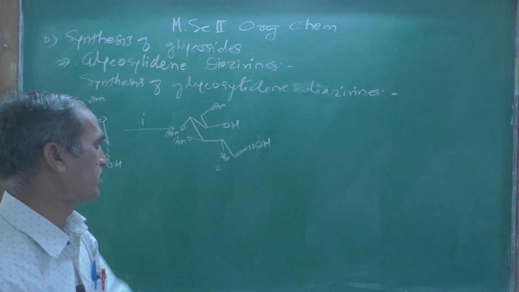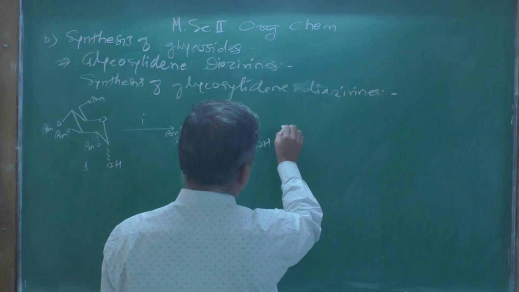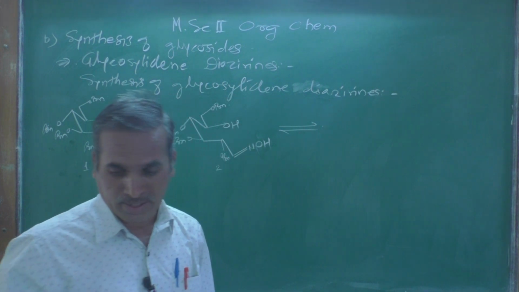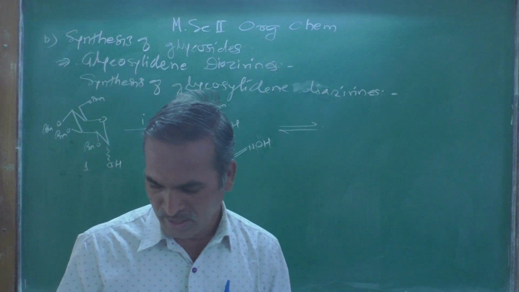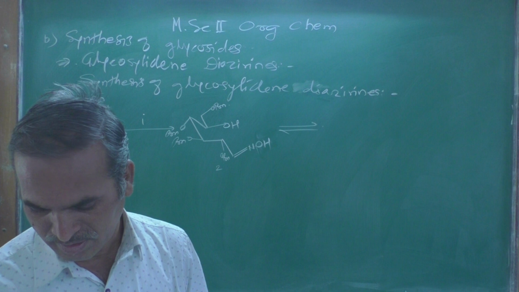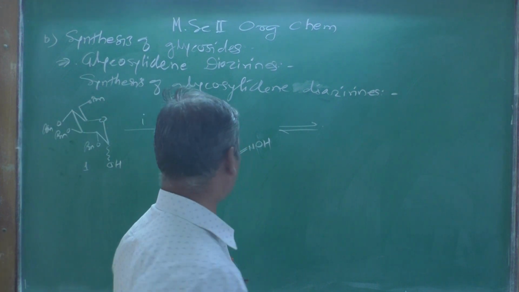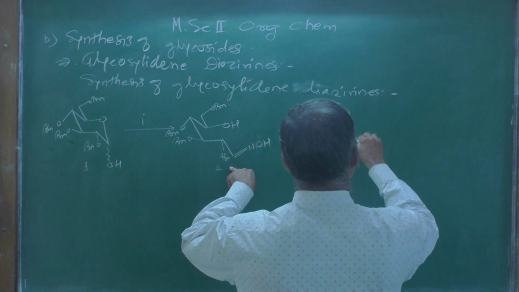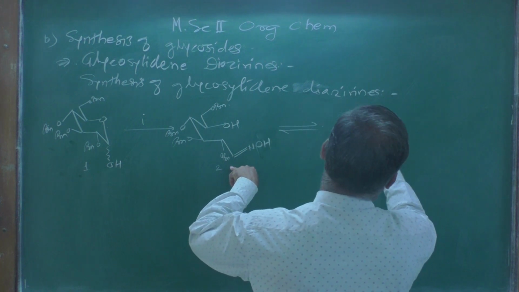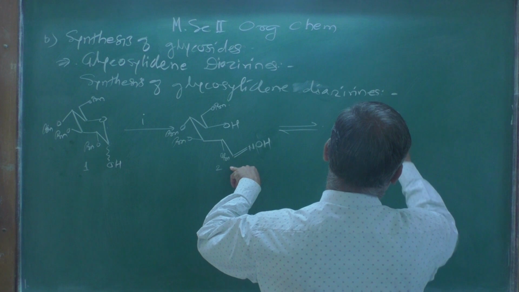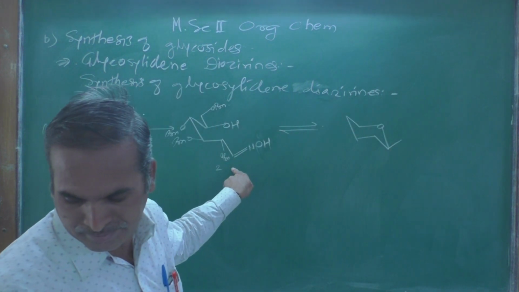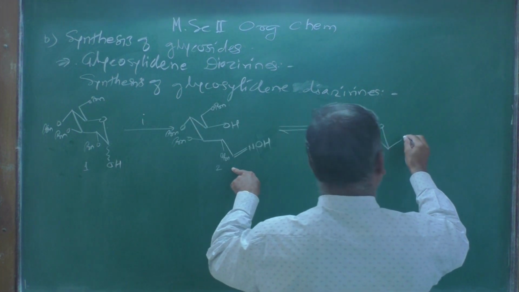Structure number 2 will, at equilibrium, be converted into another structure through ring formation. We can show the other structure, with an NH-OH group at an equatorial position.